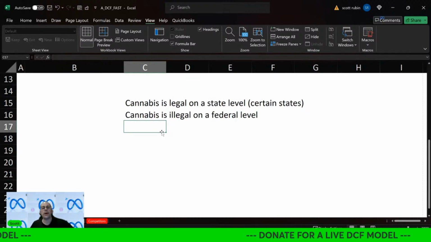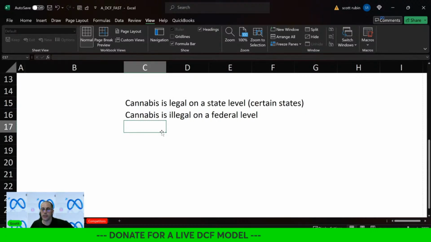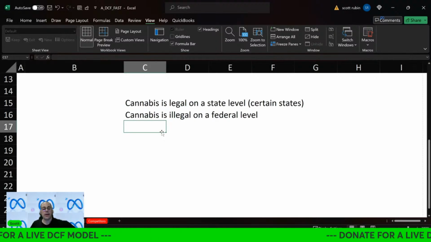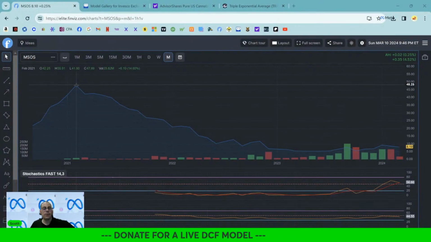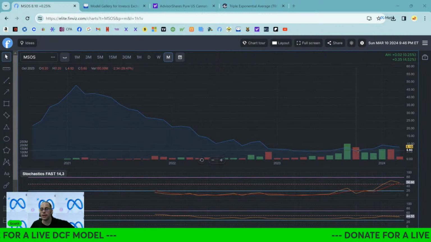Why would a Democrat be more likely to approve cannabis than a Republican? I don't know. But people were thinking it's going to get approved on a federal level. So that's why the stock price went up. And then when people realized that's not going to happen, it just came crashing down.